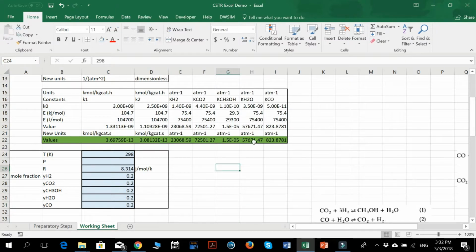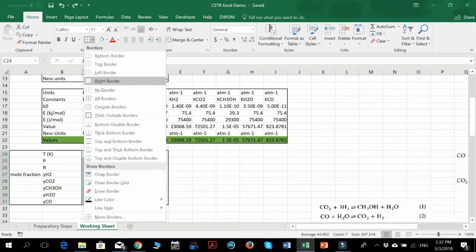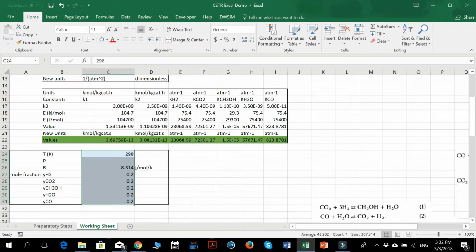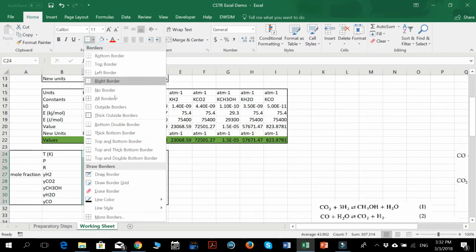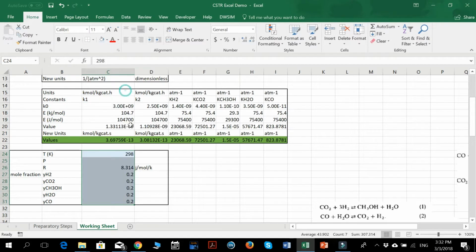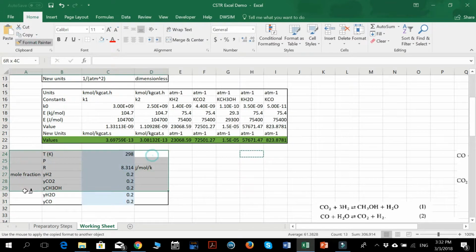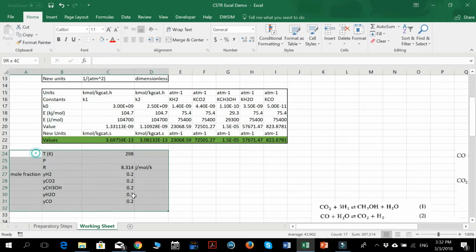Oh, that's a bit too thick. Sorry, let me redo the bordering.